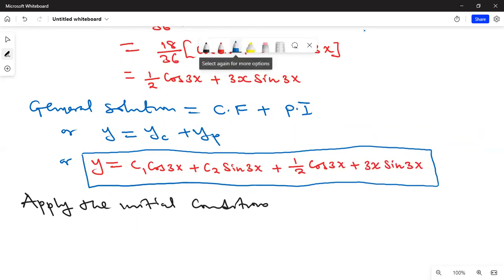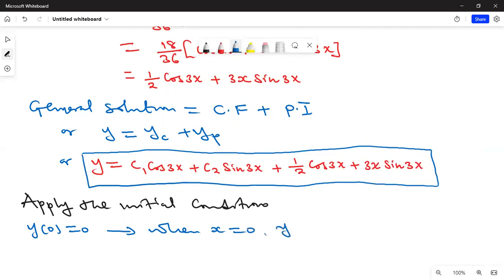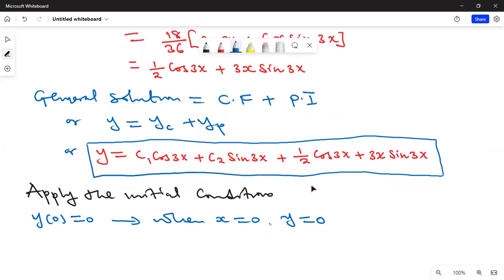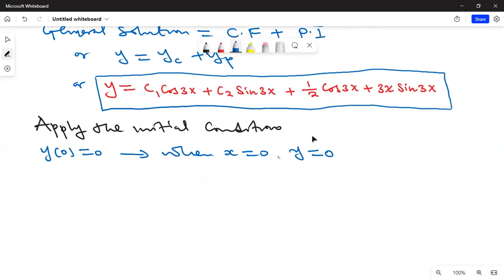The first condition is y of 0 is equal to 0. This means that when x is 0, y is also equal to 0. So let's apply this condition into our general solution.